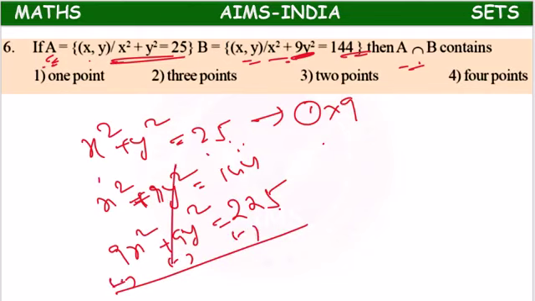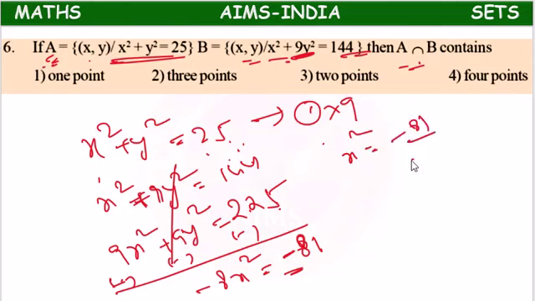Minus 9x square plus x square, minus 8x square, equal to 144 minus 225, minus 81. Minus 8x square equal to minus 81. Or x square equal to 81 by 8. Minus minus cancel.